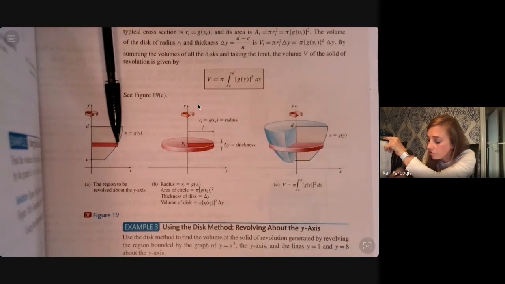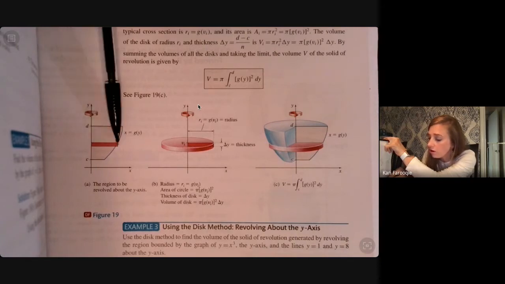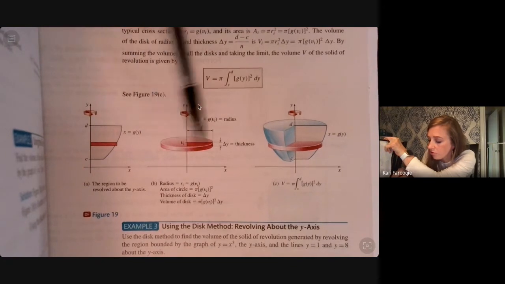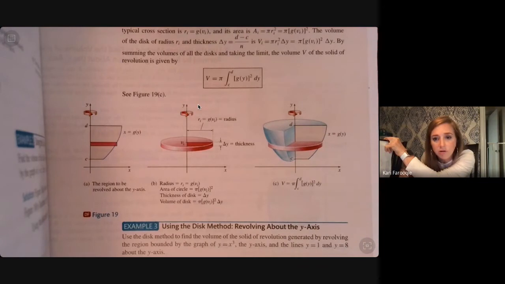So in this case, you're taking your function, which is g of y, and subtracting off the left. Well, the left is just x equals 0. So that's really going to come into play when we talk about washers. But be thinking about that as you work your way through. If I'm dealing with a vertical axis of revolution, I'm looking at right minus left. You're generating then this disk, and then that generates your solid of revolution.